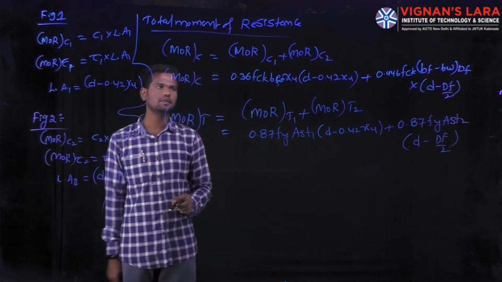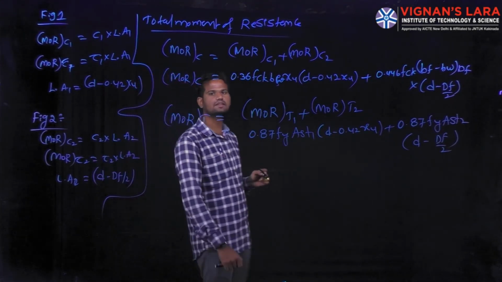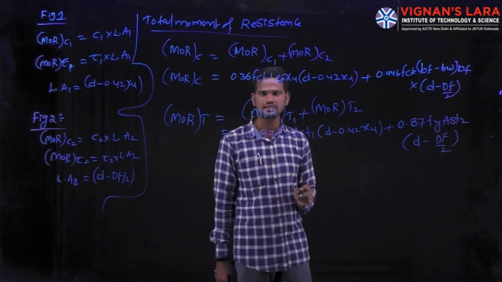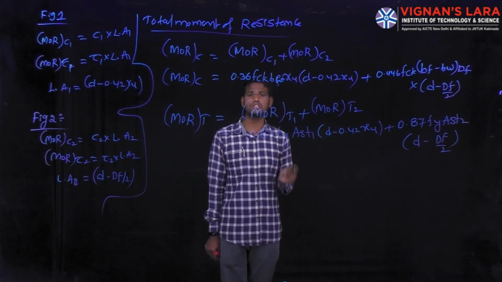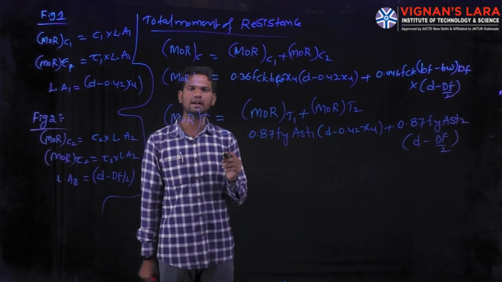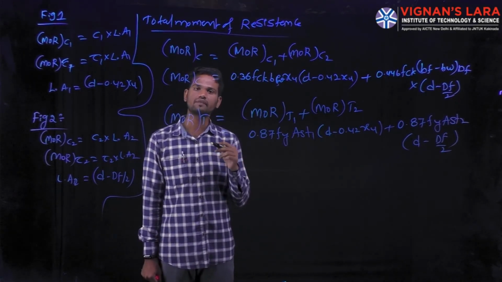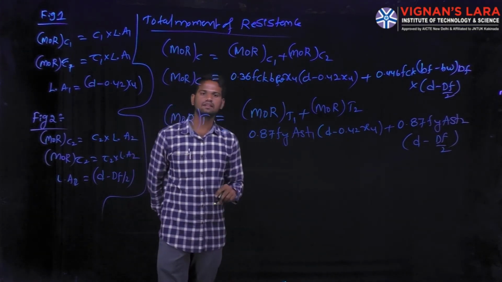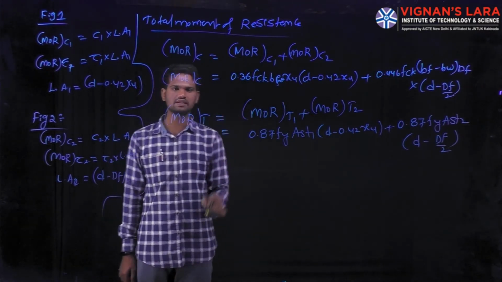From this we have to calculate the actual depth of the neutral axis, the limiting depth of the neutral axis, and compare the balanced, under reinforced and over reinforced sections. After that, finally we have to calculate the moment of resistance of the section for the compression as well as for the tension. I am writing the same design steps here.